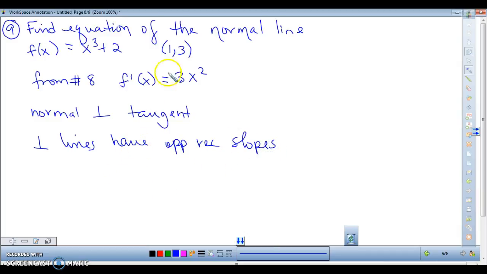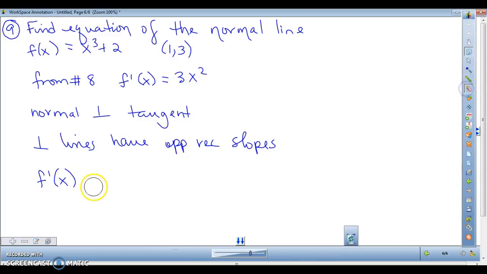Okay, so I've got my ordered pair. All I have to do is find my slope. Well, my slope of the tangent line at 1, 3 would be f prime of 1, which is 3.